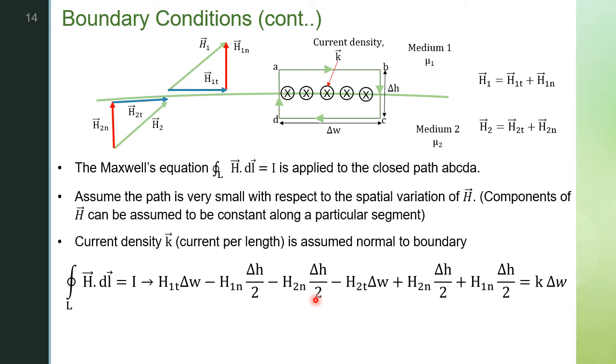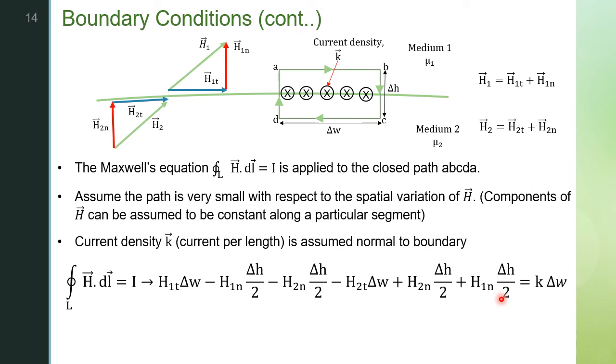Now when you move from C to D, it is parallel to the boundary, so it is the tangential component. So it is minus H2t into delta W since they are in opposite direction. Now when you move from D to A, we have the normal component, so it is plus H2n into delta H by 2 plus H1n into delta H by 2. And that will be equal to the current enclosed by this path A, B, C, D, A.